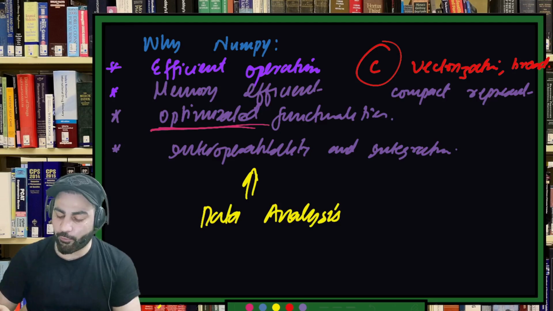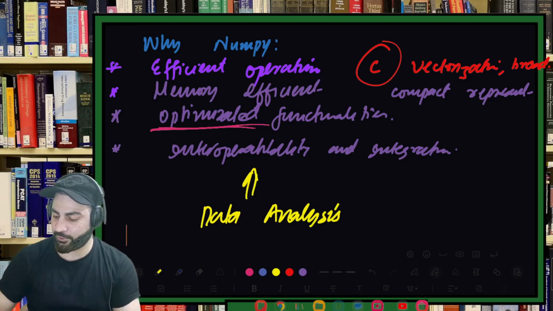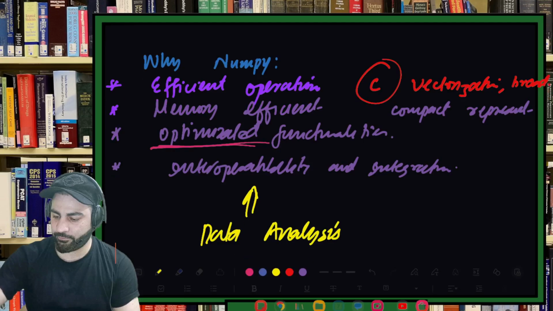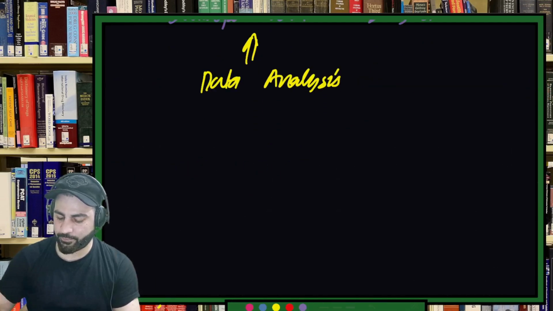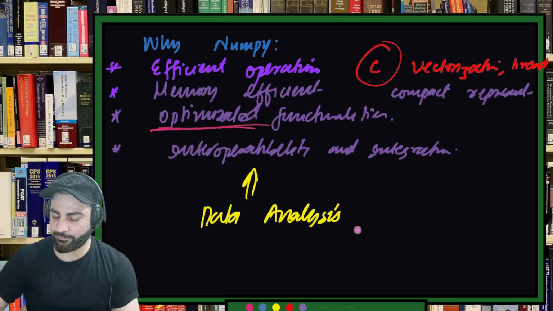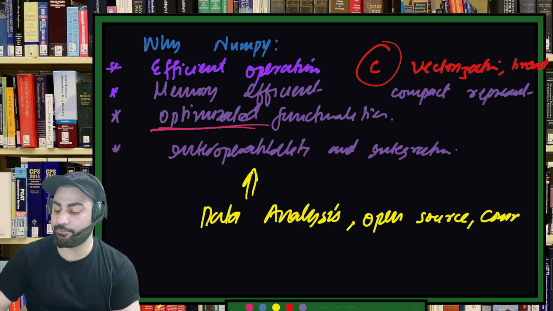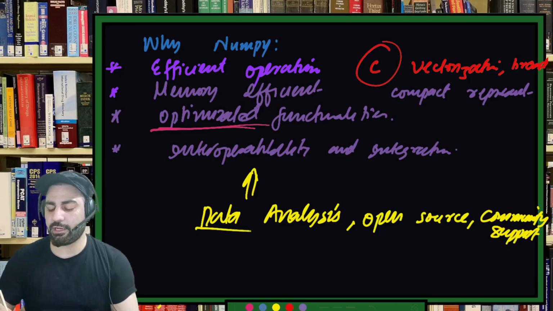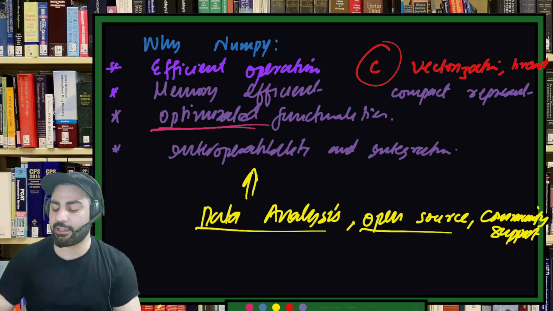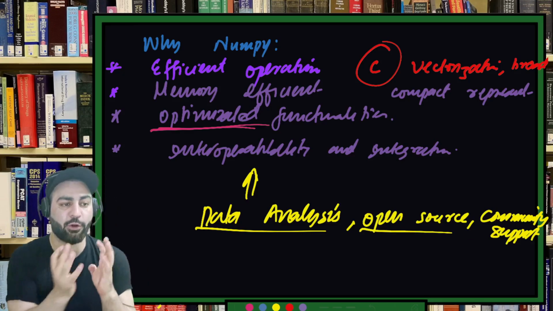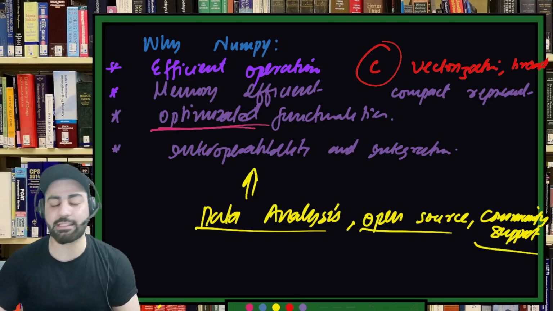One more important aspect is that it is open source, and as I showed you, you can also contribute yourself. The third thing is that it has a lot of community support.